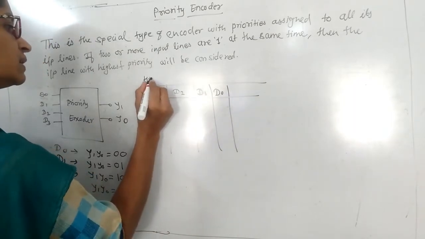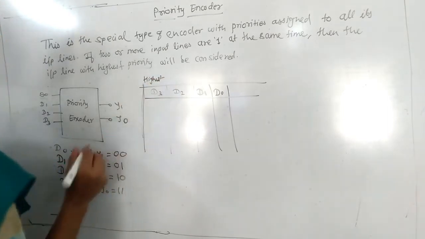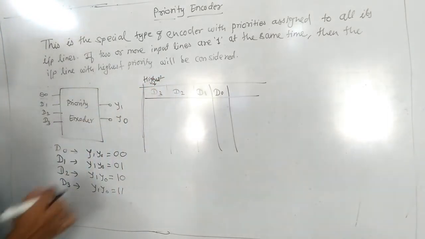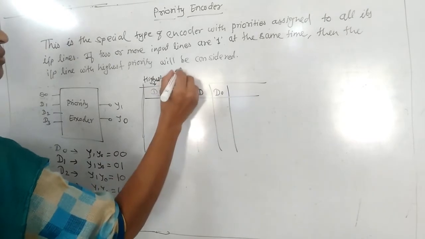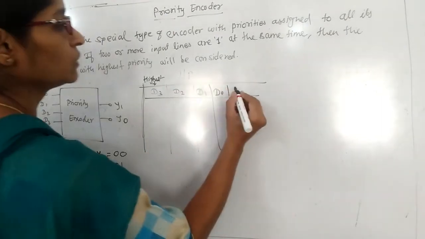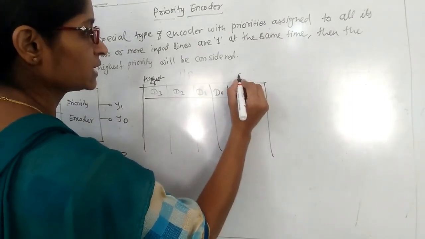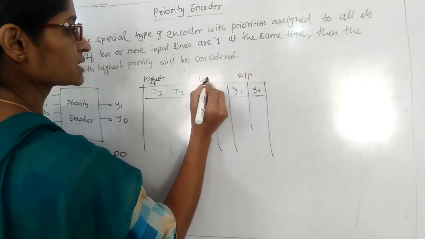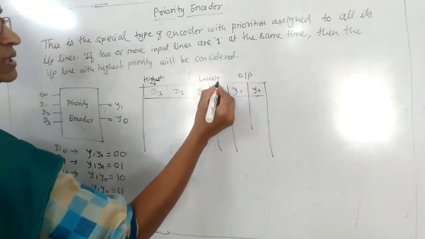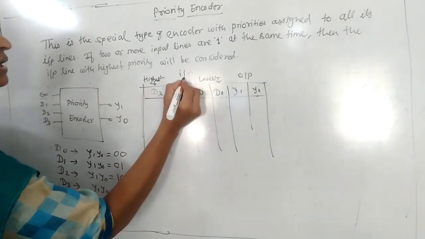D3 has the highest priority, and these are the inputs, and we have the outputs Y1 and Y0. This D0 has the lowest priority.